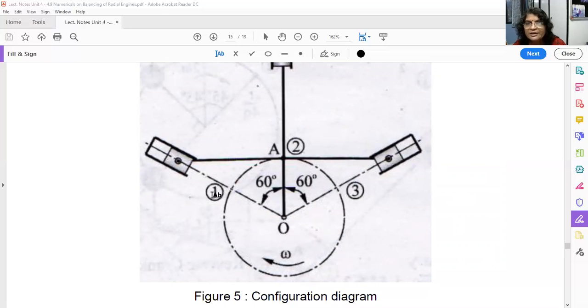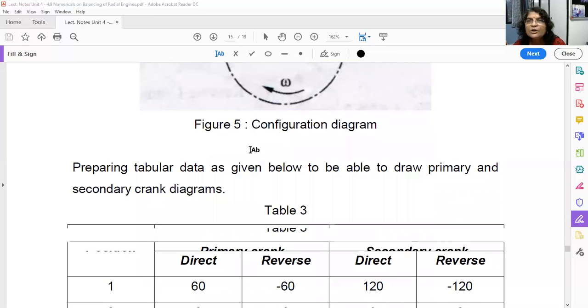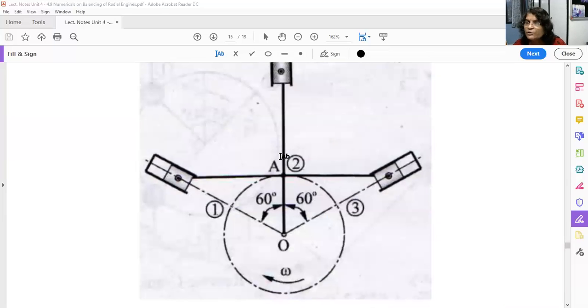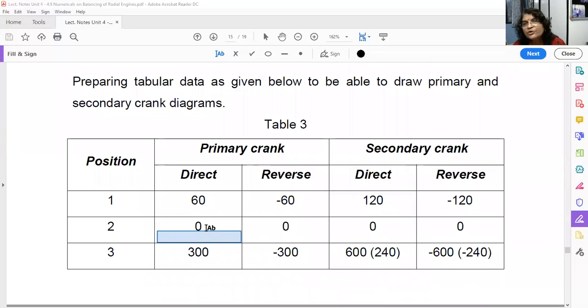That's why we have written 60 degrees for cylinder number 1. Then cylinder number 2 is already parallel to this line of stroke, so you have to rotate it by 0 degrees.